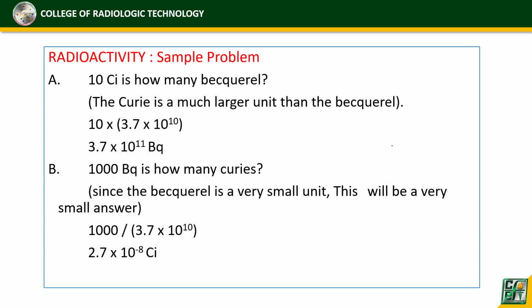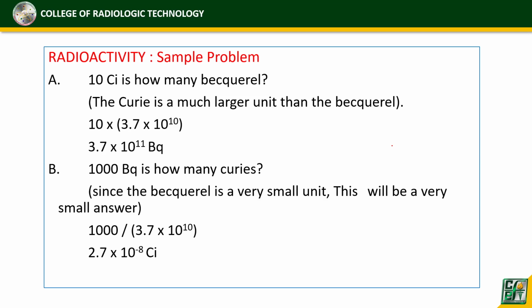So 10 times 3.7 times 10 to the positive 10. Syempre, madadagdagan siya ng another 0, so magiging times 10 to the 11 power.